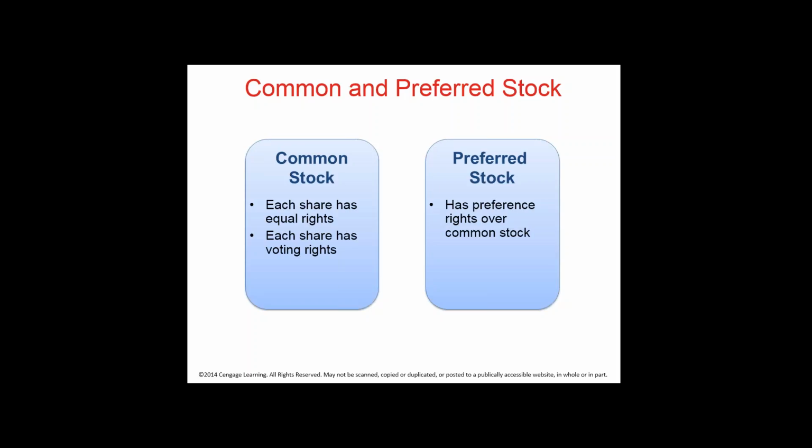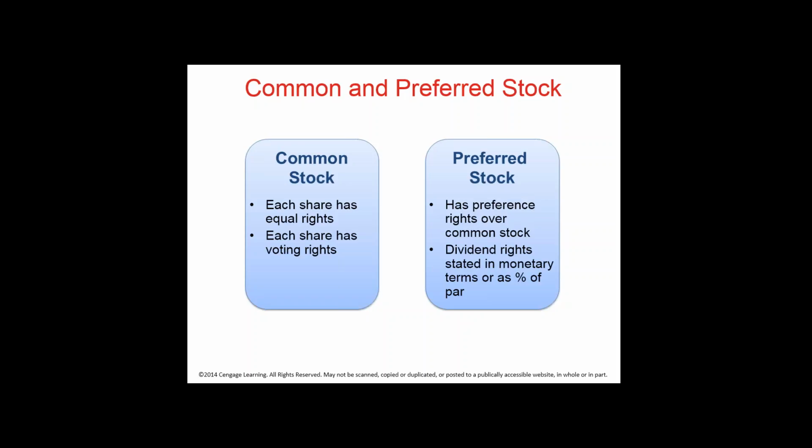Some companies will have a preferred stock, which generally sells for a little higher, has a little more value. They have preference. Anyone that owns preferred stock has preference over common stockholders. They have the first right to any dividends and any asset distribution upon liquidation. So us common stockholders really probably will get nothing.